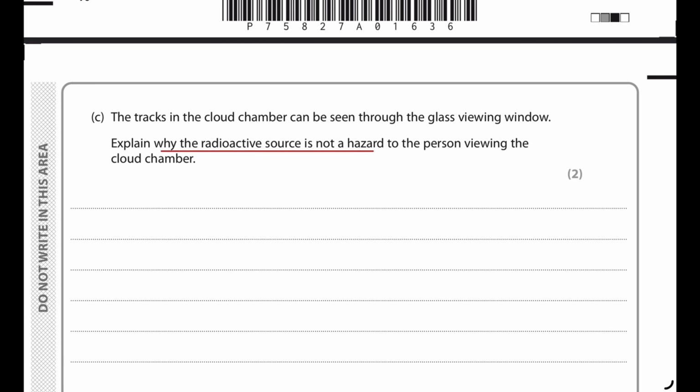Okay, first one is the alpha source is outside the body. And another one is alpha has poor penetrating ability.